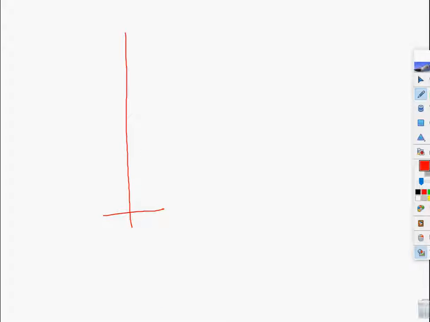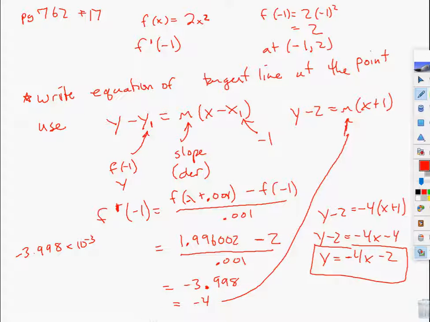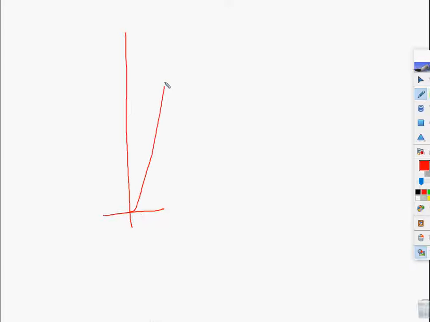I would get a fairly steep parabola, something like this. And at -1, the equation of the tangent line is something like this. It's very steep and going down. And that would be the line. That's what we just found. We found the equation of the line that we can produce there.